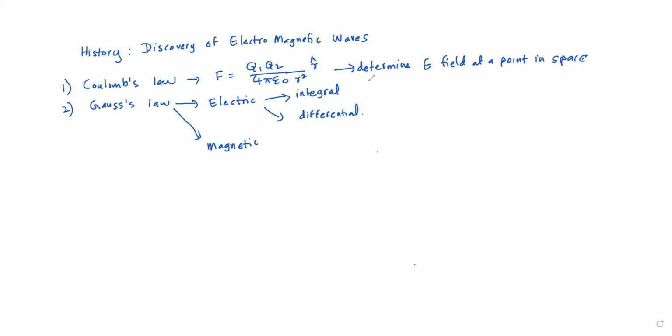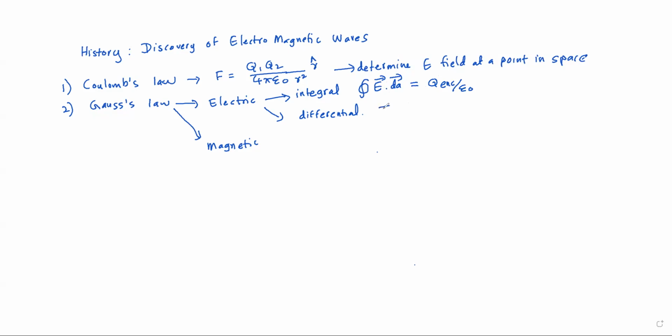Integral form means we are taking the integration of the electric field over a certain closed surface, and the flux going out of the closed surface is equal to the total enclosed charge over epsilon naught, which is determined by the medium through which the wave is propagating.